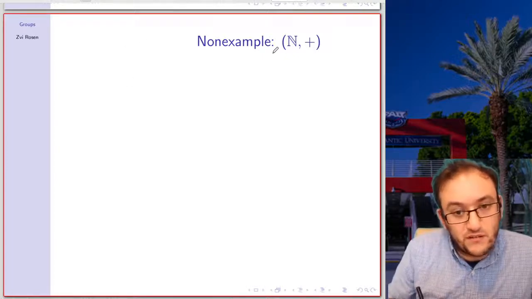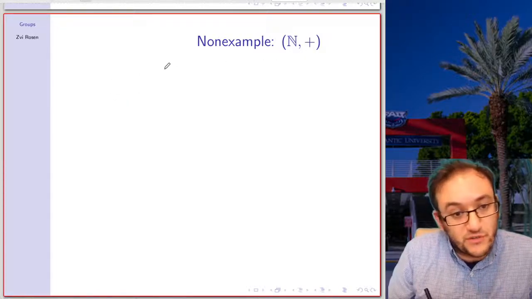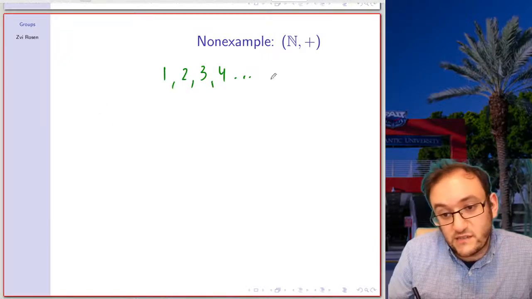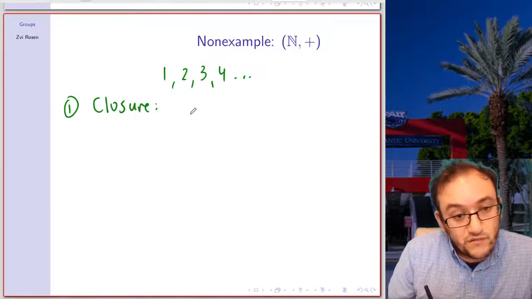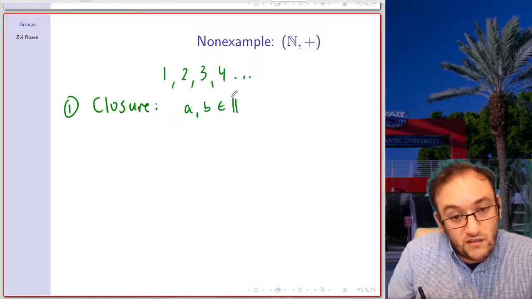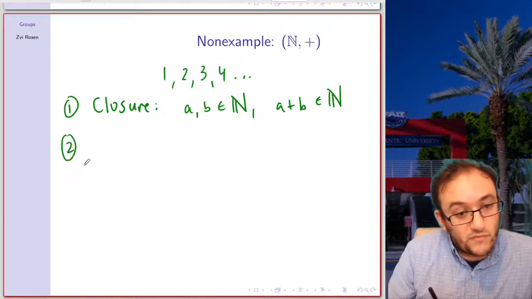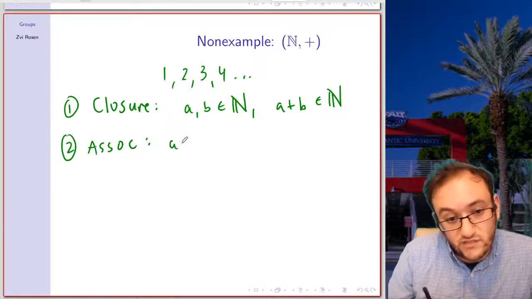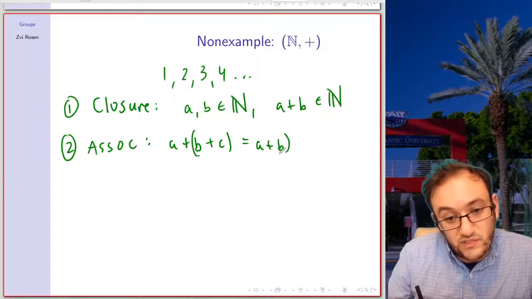Okay, here's another non-example of a group. If we have the natural numbers 1, 2, 3, 4, etc., and we're using addition as our operation, then it's certainly closed, right? Because if you have two natural numbers a and b in N, then a plus b is also in N. The next is associativity, and addition is associative: (a + b) + c equals a + (b + c).